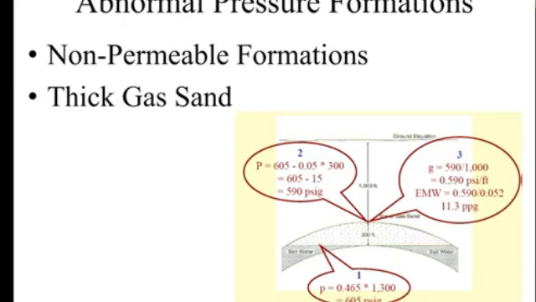All the way from the surface down to 1,000 feet, we're drilling a normal pressure gradient, and we expect to enter a gas-bearing formation. The thickness of the gas formation is 300 feet, and the gas-water contact is at 1,300 feet.